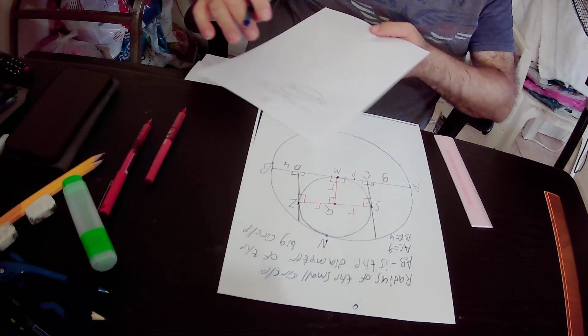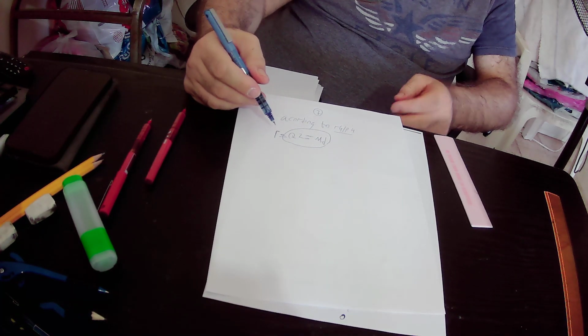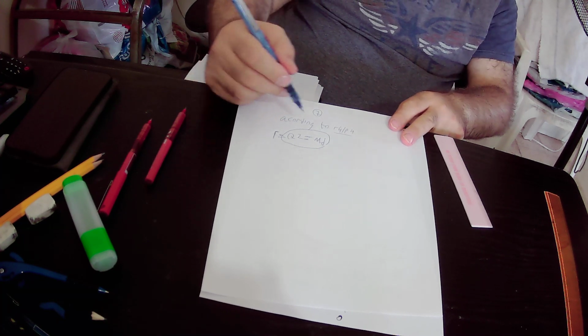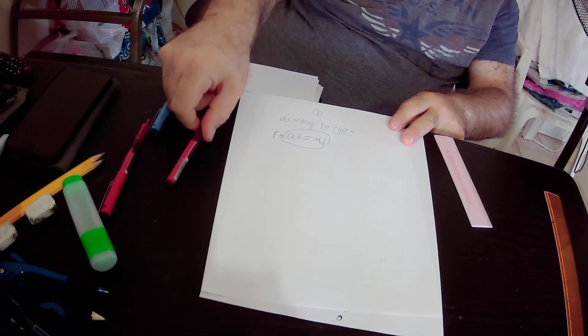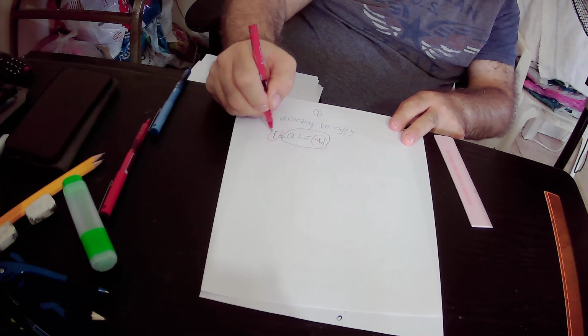Okay, QZ is the radius of the small circle. Therefore, MD also equals the radius of the circle.